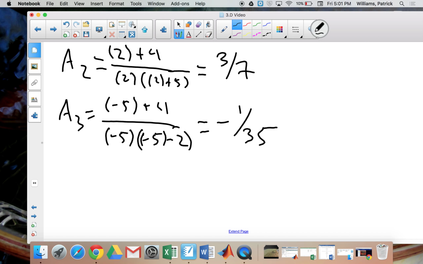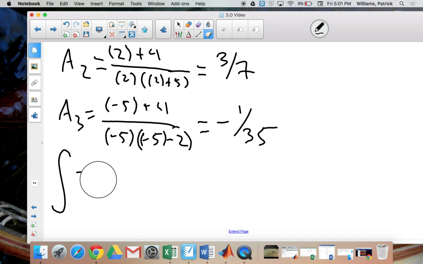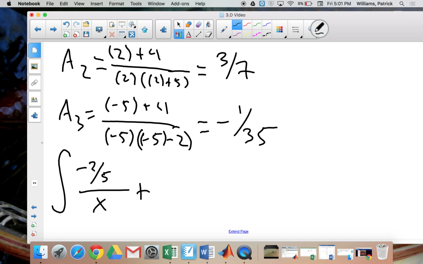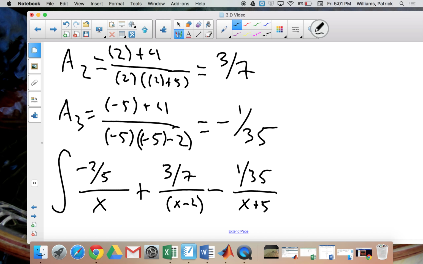So if we plug this into the integral we're actually solving, let me write it another way just because some people might wonder how the 5 got down there. Remember that first a value is -2/5. So we'll have -2/5 over x plus 3/7 over x minus 2, then we'll have -1/35 over x plus 5 dx.